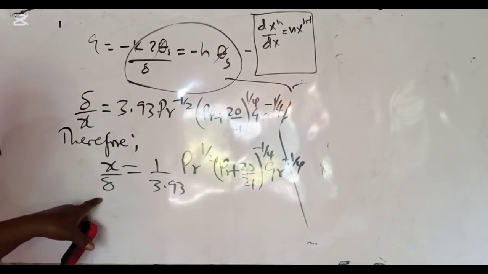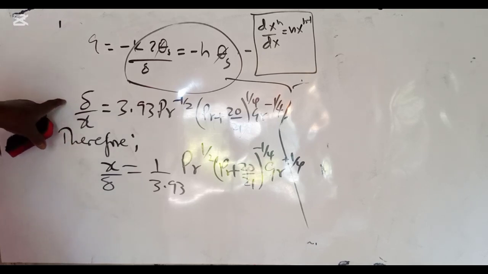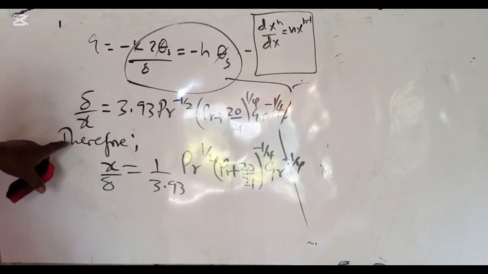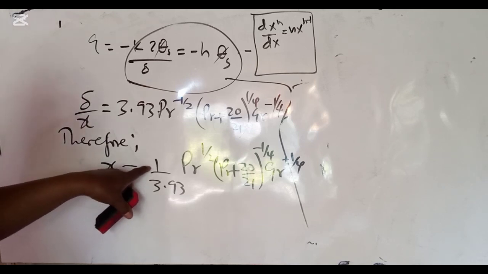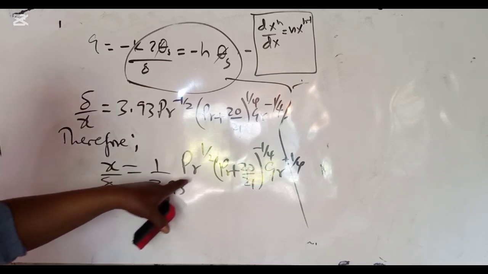And this is our expression now, which we have here. So we have that sigma over x is equal to x over sigma into 1 over 3.93 Pr.